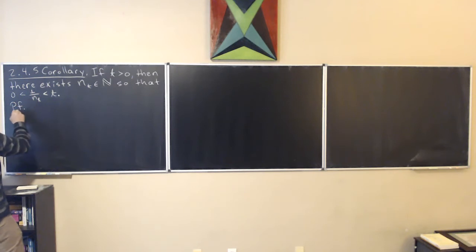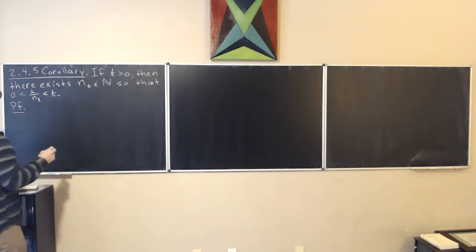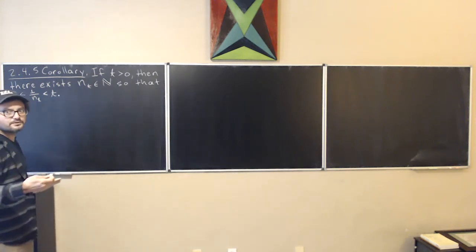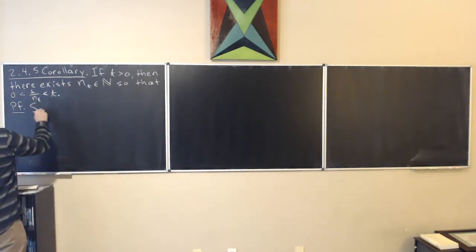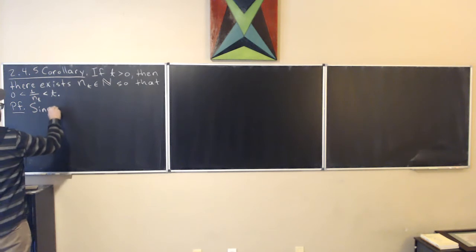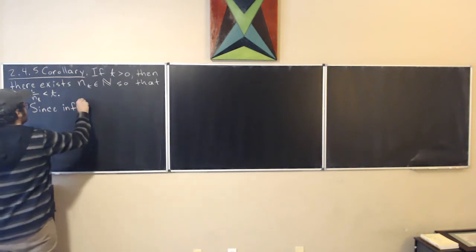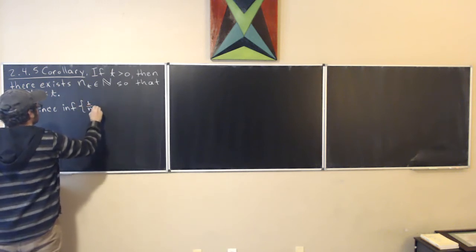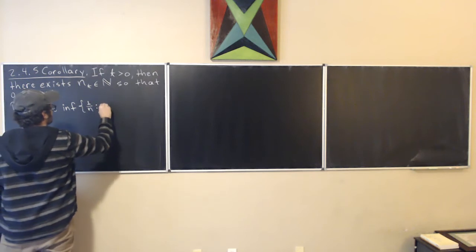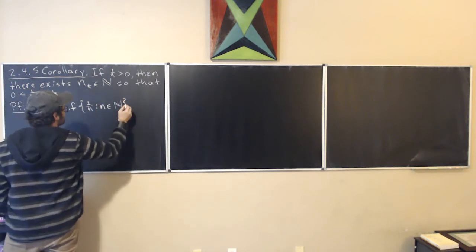Proof. By the previous corollary, we're going to use it in this proof. We just showed that the infimum of the set of 1 over N, such that N is a natural number, is 0.